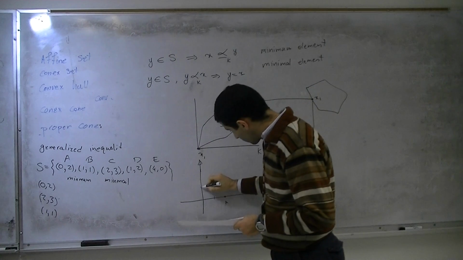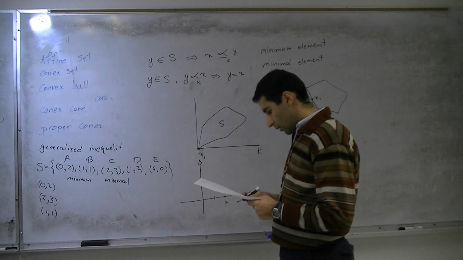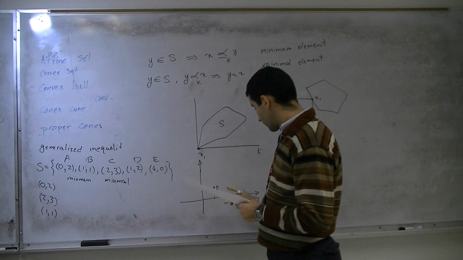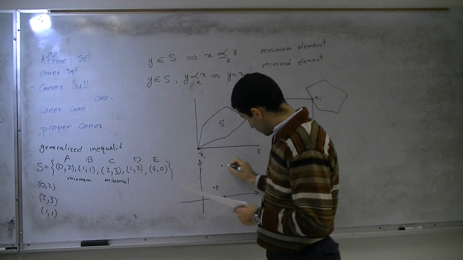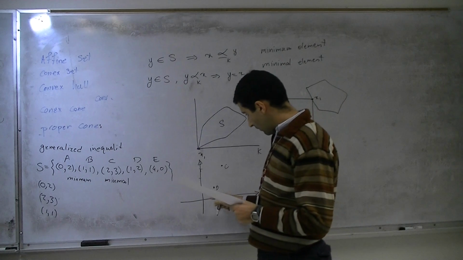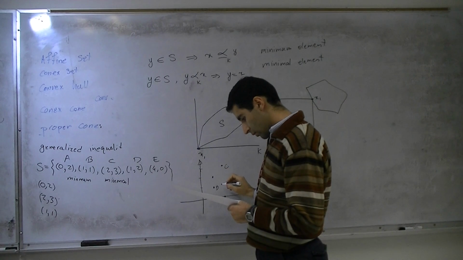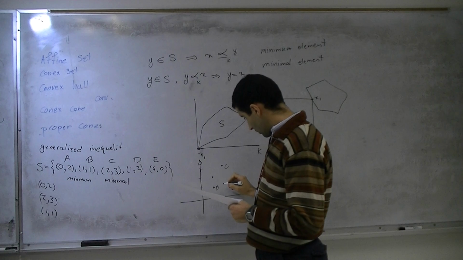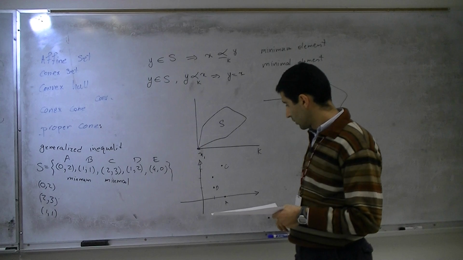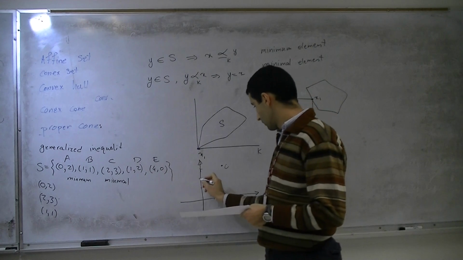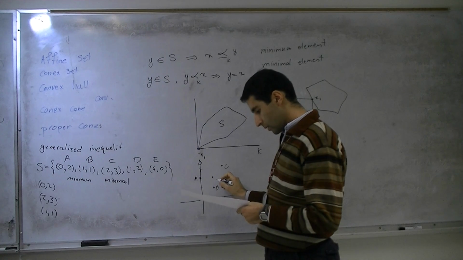B is 1 and 1. C is 2 and 3. D is 1 and 2.